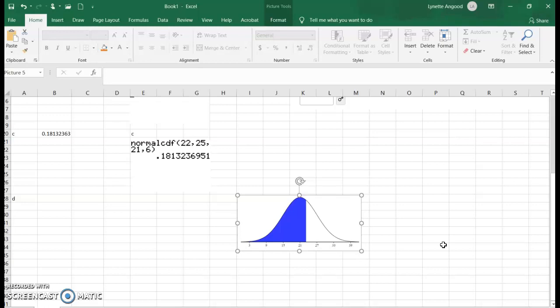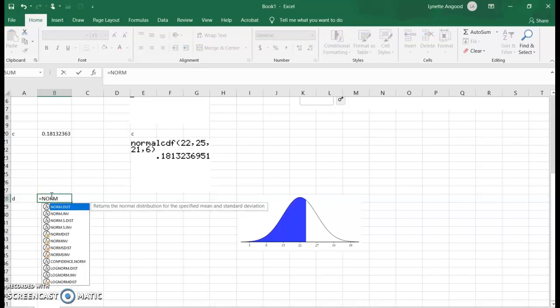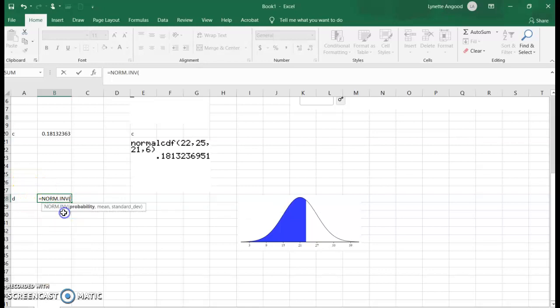Well, this involves using the opposite command in Excel as well as the opposite command on our calculator. That opposite command is the norm.inverse command. So again, it's going to calculate something, so I've got to start with an equals. Norm dot, and you notice inverse is the second option. Double click. Once again, Excel always tells you exactly what you need to enter. What's the probability?